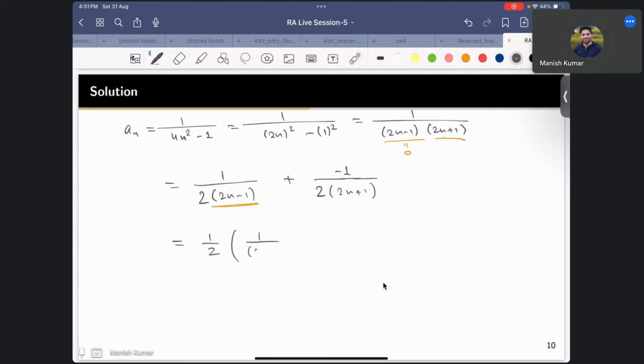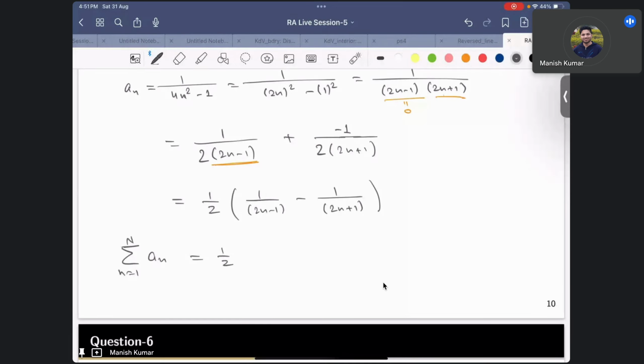So let me write it once for your convenience. For n equal to 1, you get 1 minus 1 by 3. Then the next term would be 1 by 3 minus 1 by 5, plus 1 by 5 minus 1 by 7, and so on.